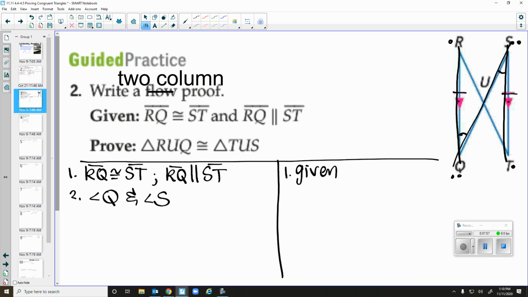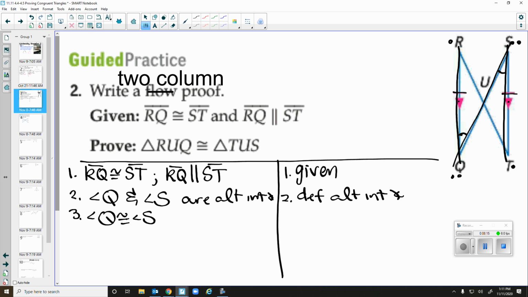So angle Q and angle S are alternate interior angles, and then we can say they're congruent because of the alternate interior angle theorem.